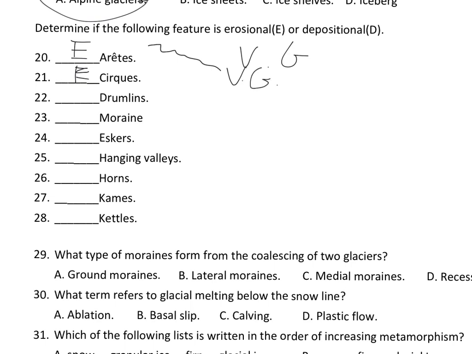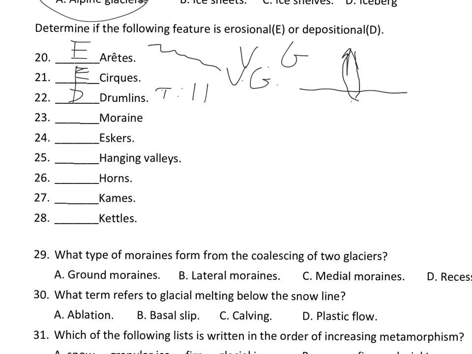Again, the definition, very helpful. Drumlin is depositional. Key thing is that is going to be till deposit, and that's when the glacier plows through a recessional moraine or a moraine and basically carves the material into this teardrop shape. So it's going to point in the direction that the glacier advanced.